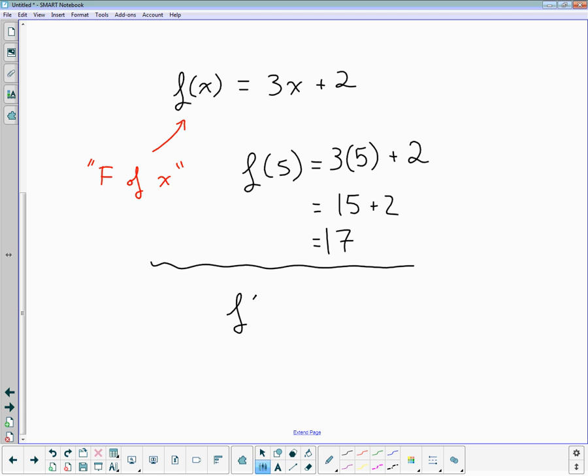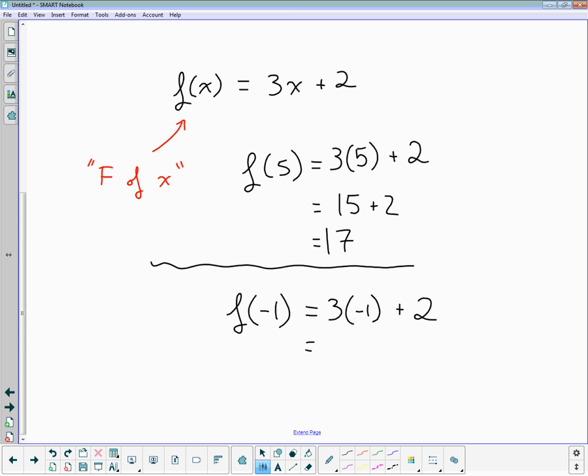So, what would f of, say, -1 be? We're going to plug in -1 every time we see that x. So it'll be what times what, plus 2. And now we're going to get a value out of it.